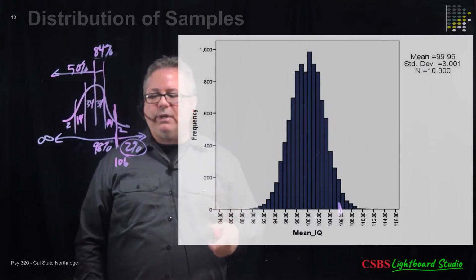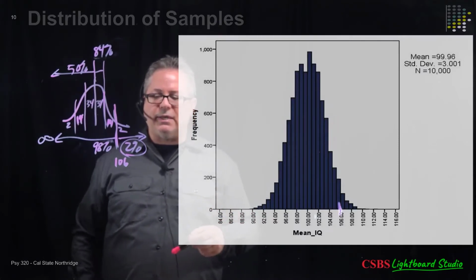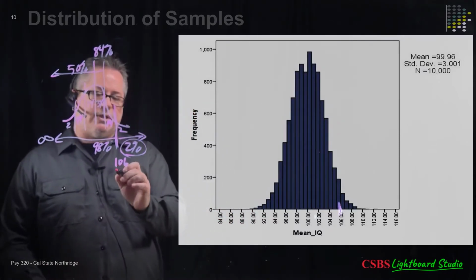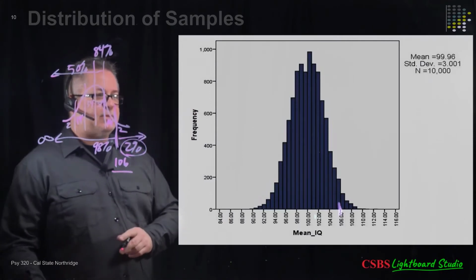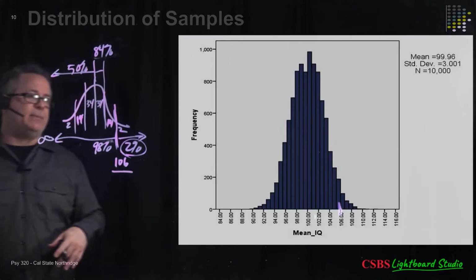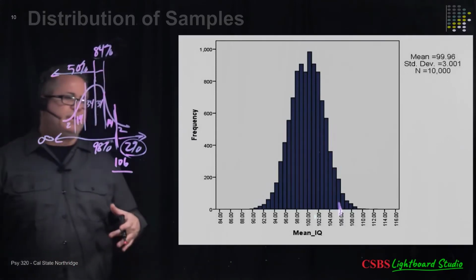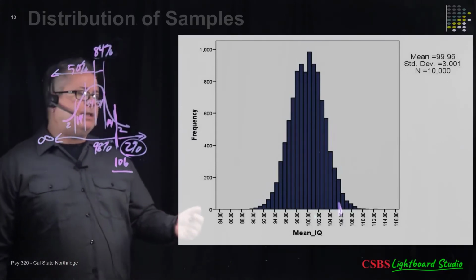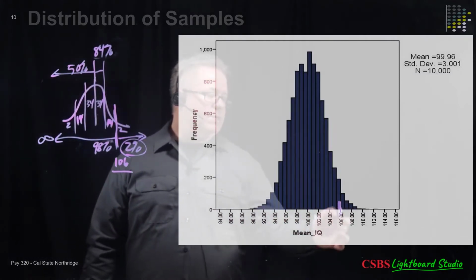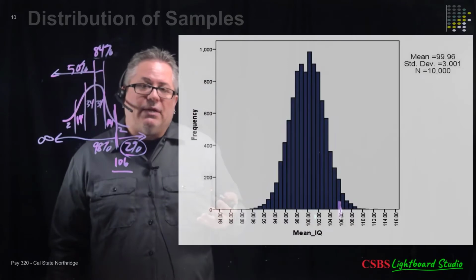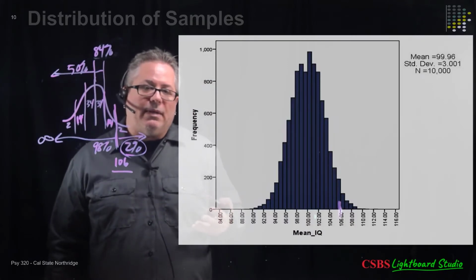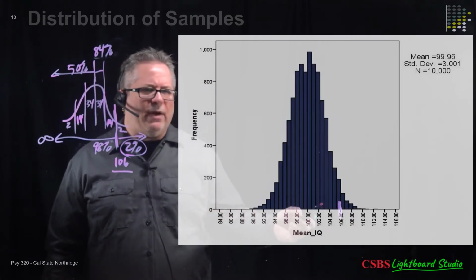It looks like we're going to get a score of 106 about 2% of the time. That seems rather rare. It's not impossible, there's a chance that it can happen, but it's still a very unlikely event.